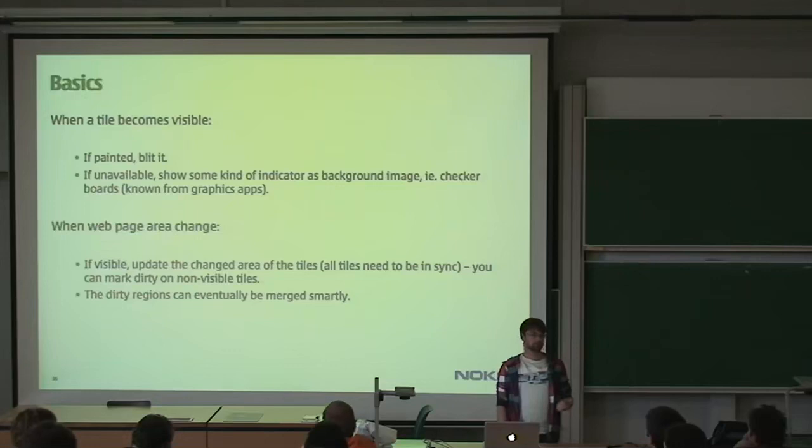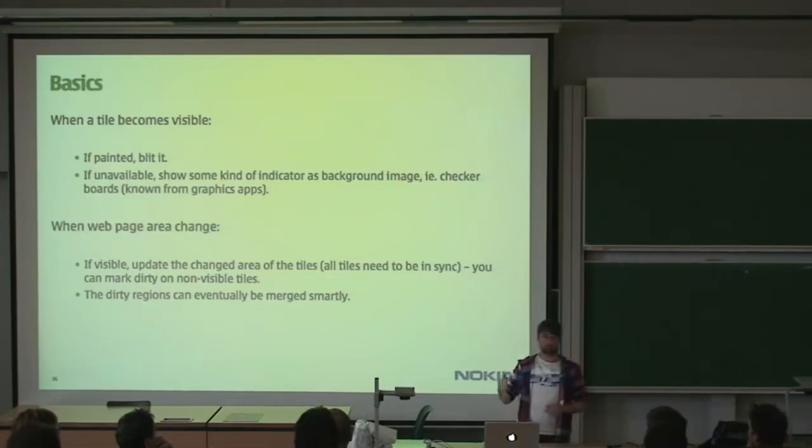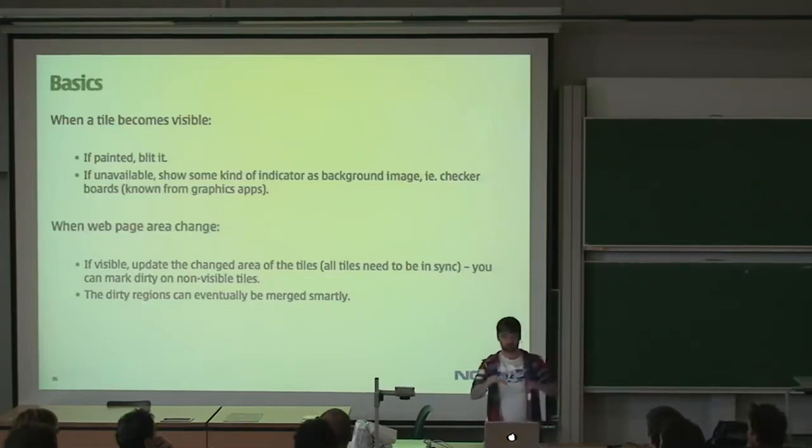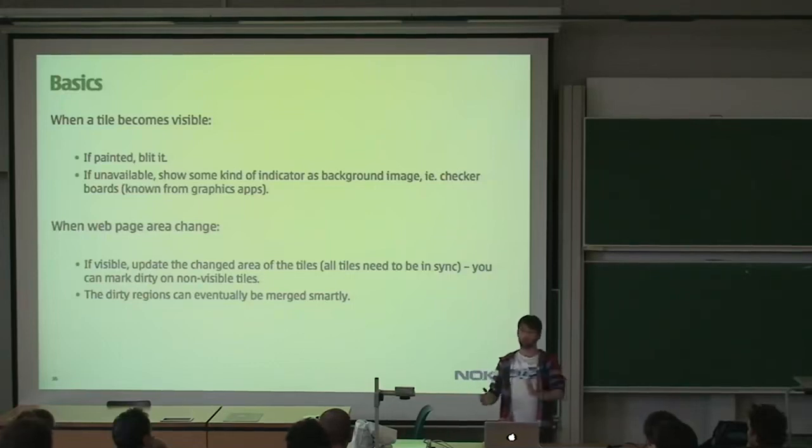If it's not available, we can give some indication that the content is not ready yet, for instance by painting checkerboards, which is something known from most imaging applications like Photoshop, and even the iPhone is using it. It shows that the content is not ready yet, we need a moment. This means that we have decoupled the whole web engine from the UI. The UI just paints tiles, images, that sometimes get updated by the web process.